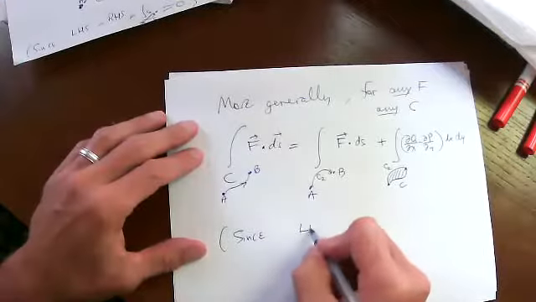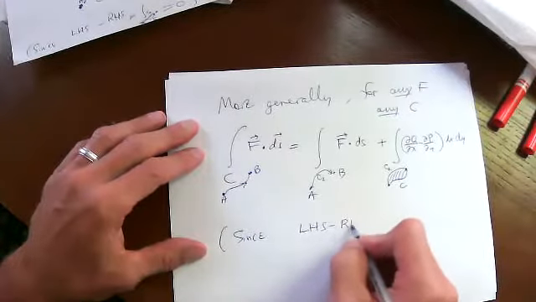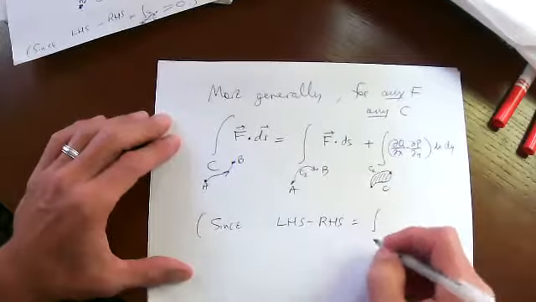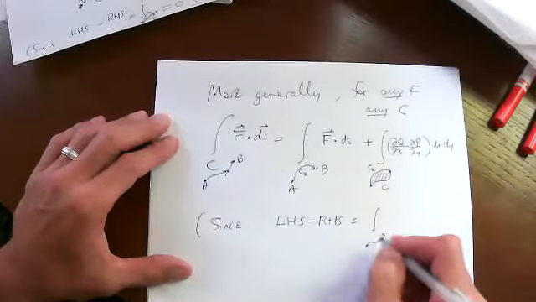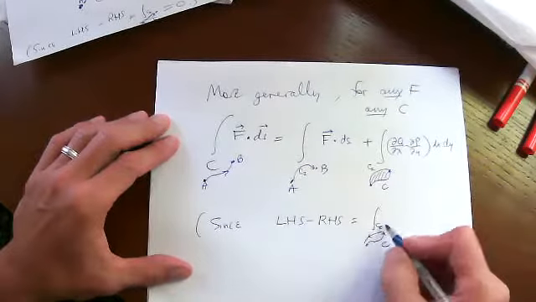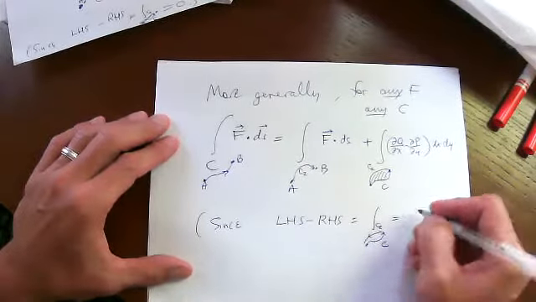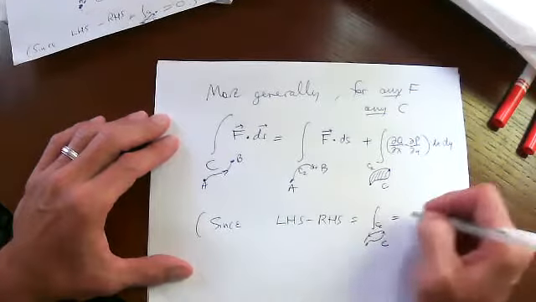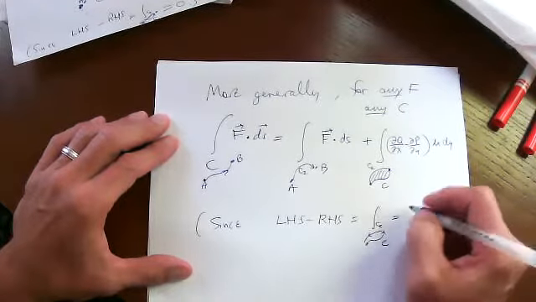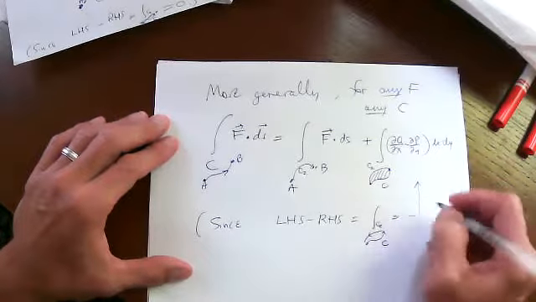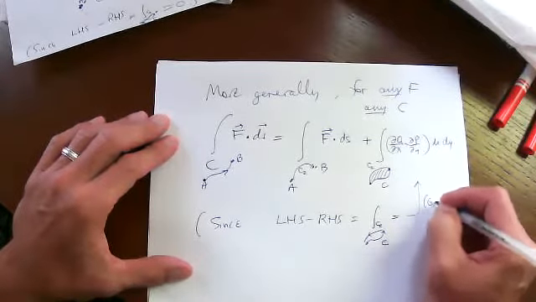If you calculate the integral of the left-hand side minus the integral of the right-hand side, now that will be the integral over the closed loop that starts along the curve C and comes back along the curve C2. And then you use Green's theorem to rewrite this line integral. Since you now have a closed loop, that line integral can be rewritten as the surface integral by Green's theorem.